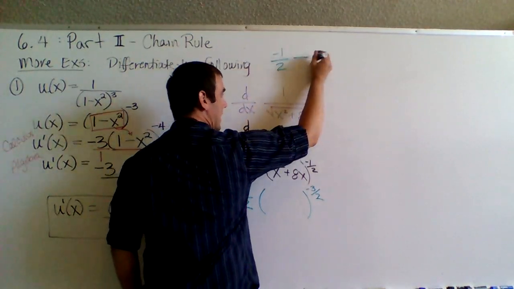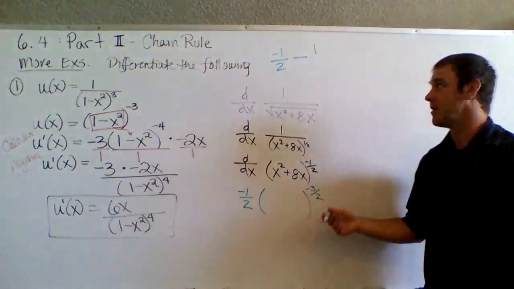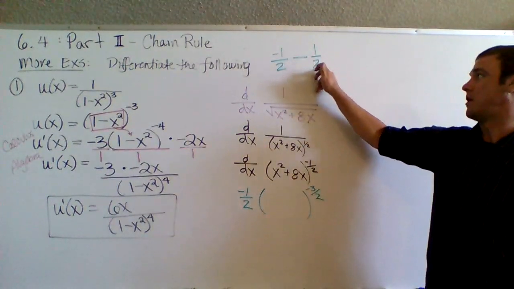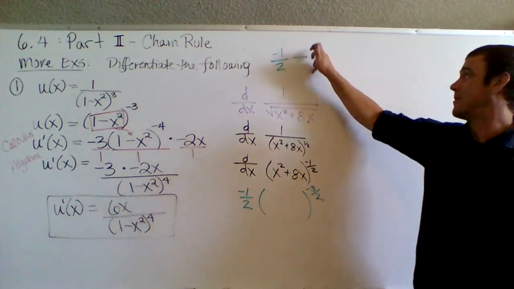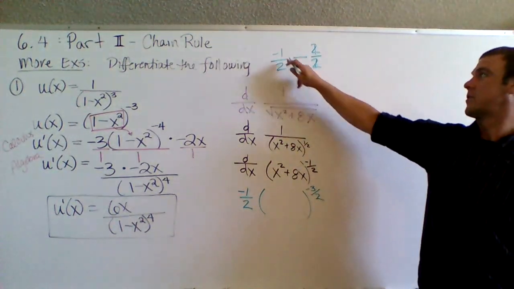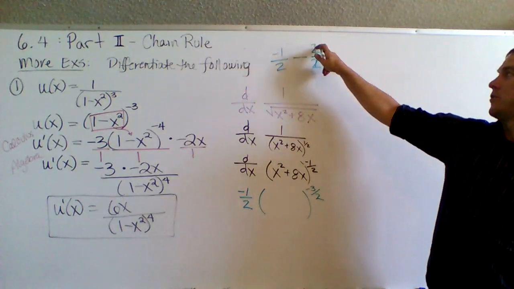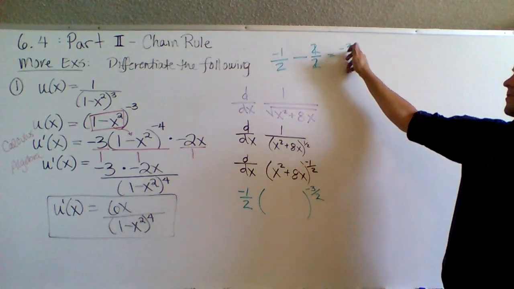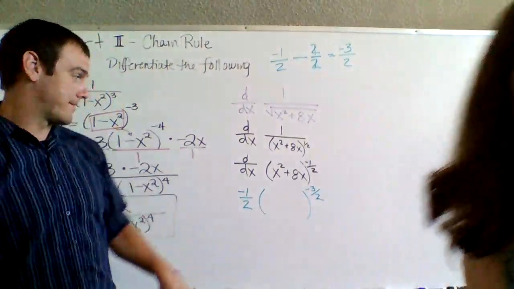We decrease the power by 1. We're subtracting 1, which is really minus 1 over 1, or 2 over 2. So negative 1/2 minus 2/2 is going to make negative 3/2. You can't screw up subtracting fractions.